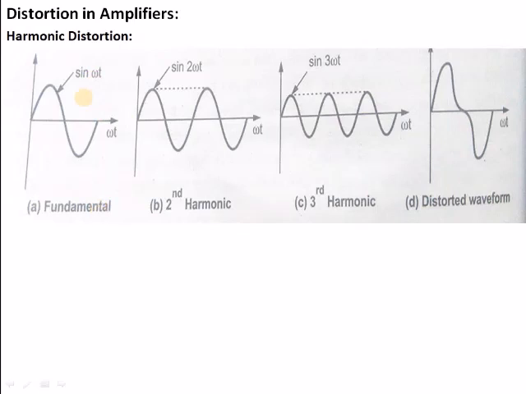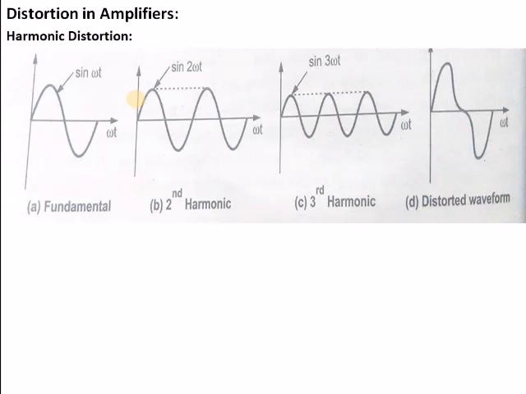If the fundamental signal is sine omega t, the second harmonic is sine 2 omega t, the third harmonic is sine 3 omega t, and the fourth harmonic is sine 4 omega t, and so on. So if the frequency of the fundamental signal is f, then the second harmonic frequency is 2f, the third harmonic is 3f, and the fourth harmonic is 4f.